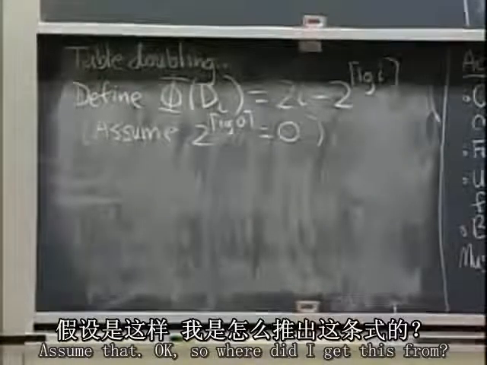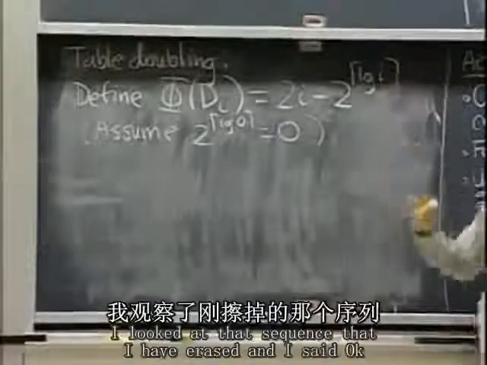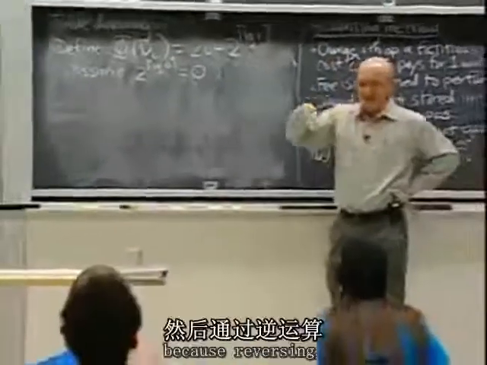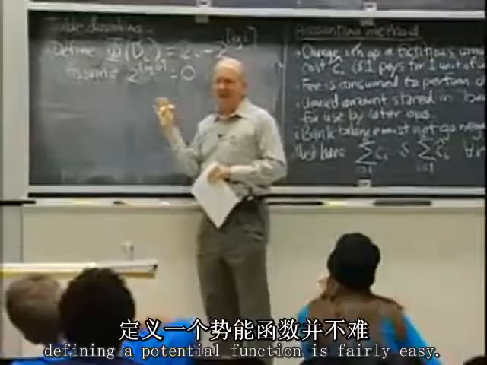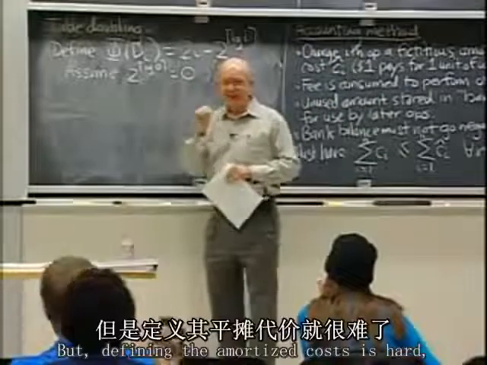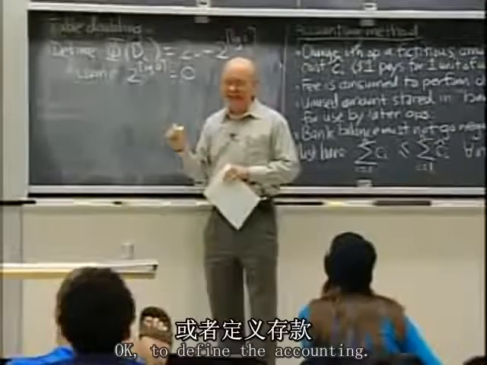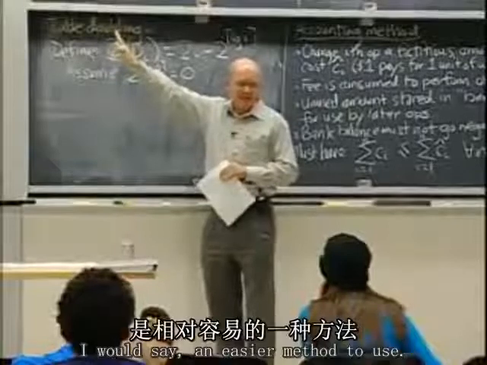So where did I get this from? I played around. I looked at that sequence that I've erased, and I said, okay, because reversing, there are some problems for which defining a potential function is fairly easy, but defining the amortized cost is hard, to define the accounting. So for this one, the accounting method is, I would say, an easier method to use.